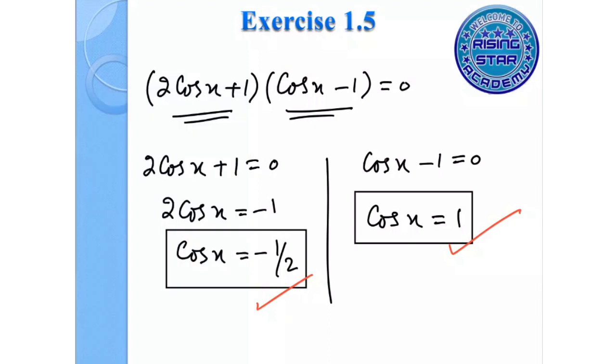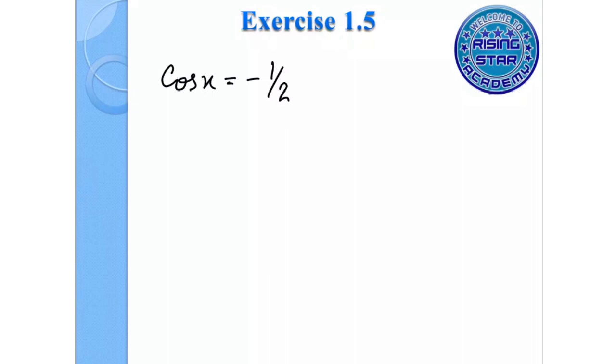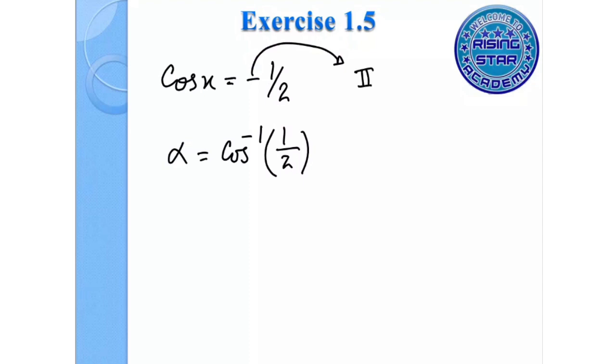Now we will solve it. I will write both equations separately for simplification. First of all, I would write cos x is equal to negative half. Now we will find the basic angle alpha. So alpha would be equal to cos inverse of 1 over 2. This negative sign shows that cos is negative in the second quadrant and the third quadrant.